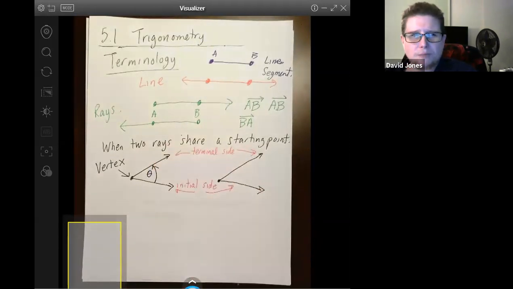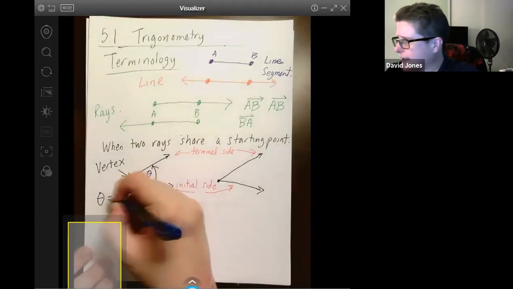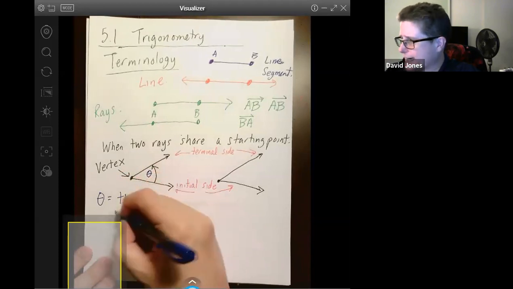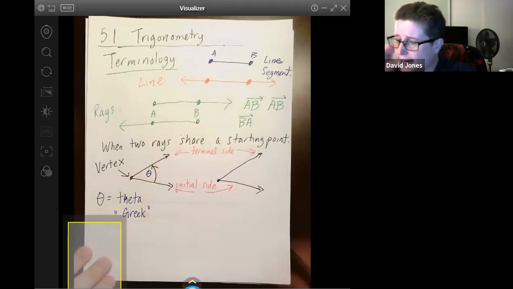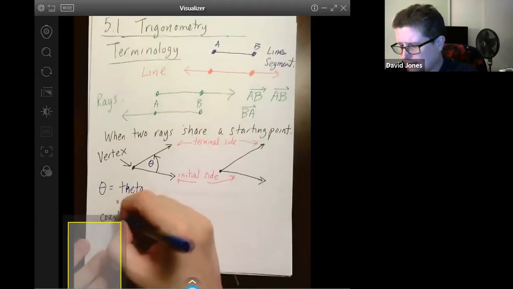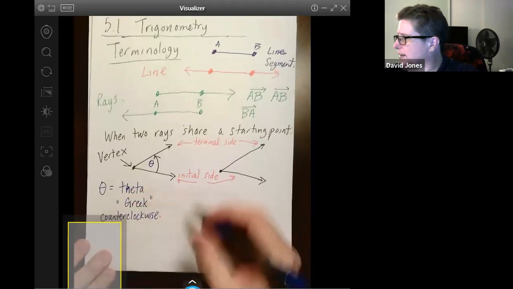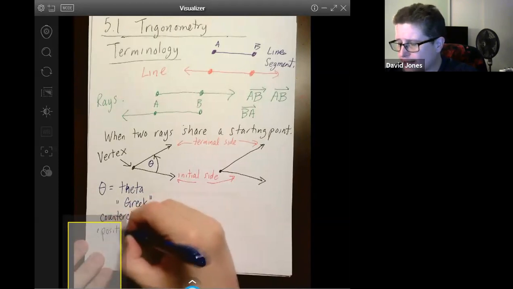We use a lot of symbols. This is the most frequent one. This is a Greek letter. It's theta. And it's Greek. We use a lot of Greek letters in mathematics. Counterclockwise is referred to as positive measure of the angle.